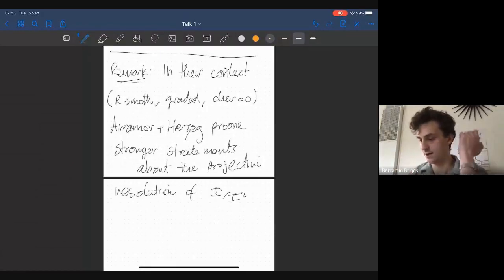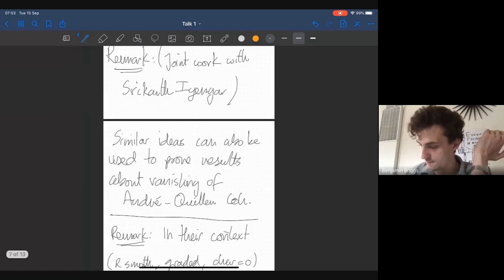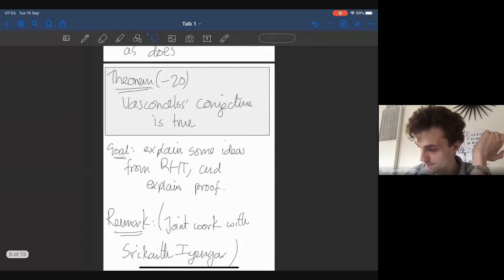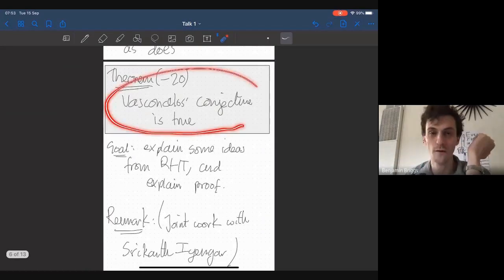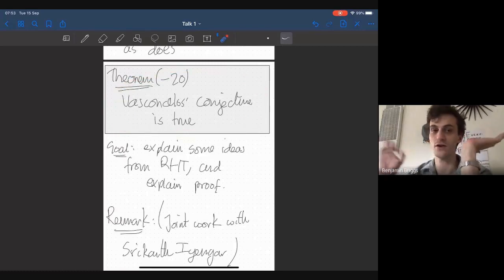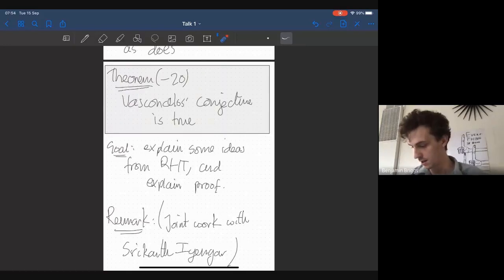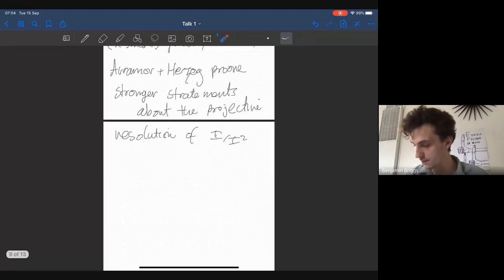So what this says is that, going all the way back to here, if you have a non-complete intersection ring, then the kernel module has to have an infinite projective resolution. But they prove not only that it has an infinite projective resolution, but that it has as big a projective resolution as it possibly could.